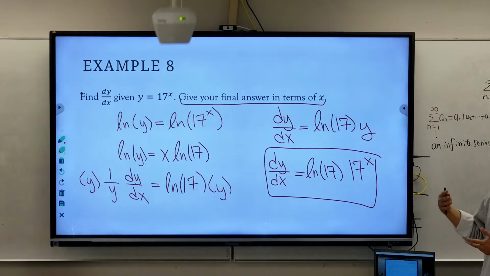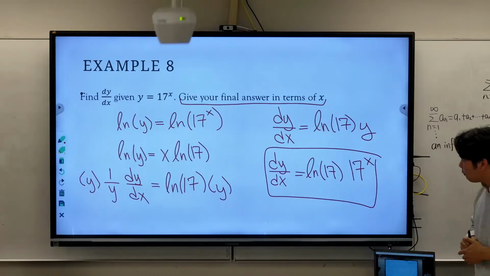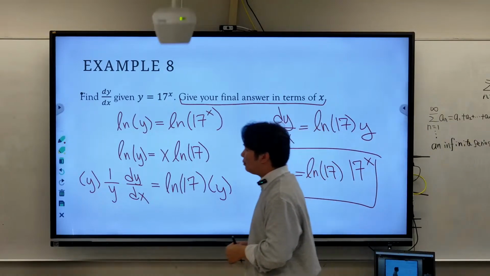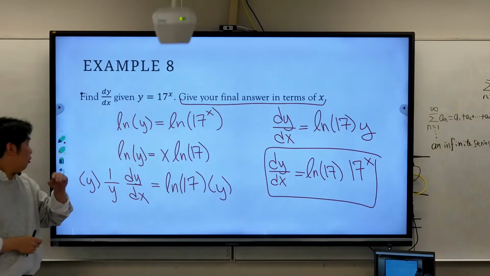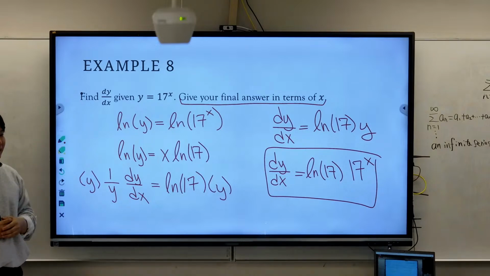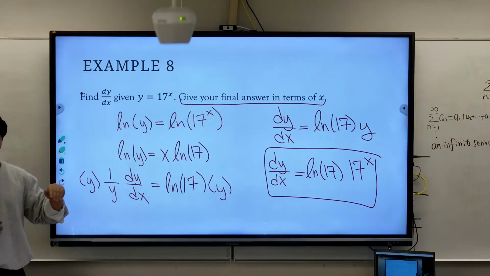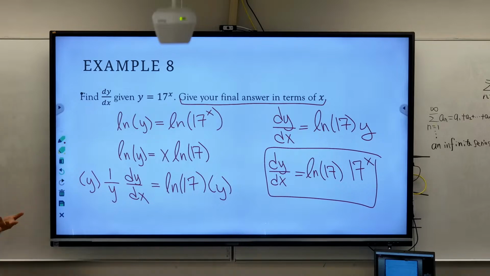It's a derivative completely in terms of x on the right side. So if I have y is equal to 17 to the x power, the derivative of that is natural log of 17 times 17 to the x power.